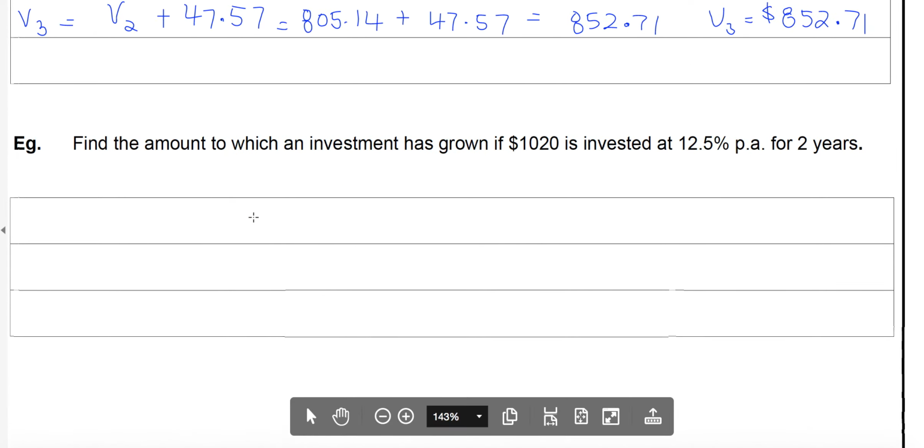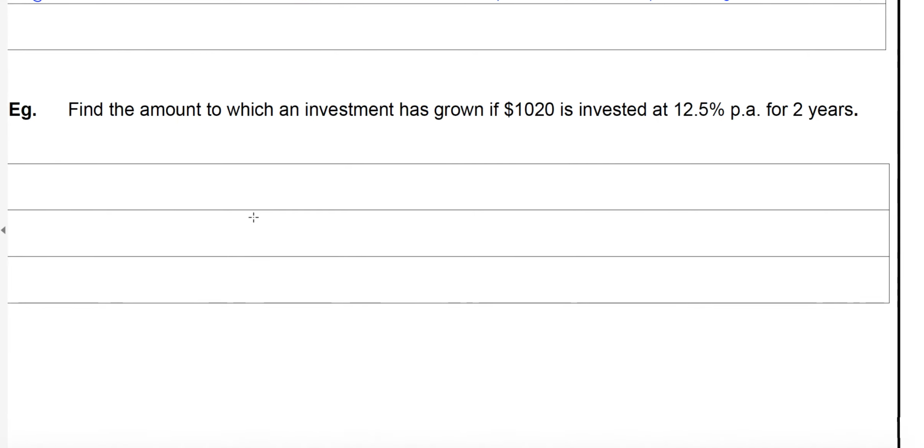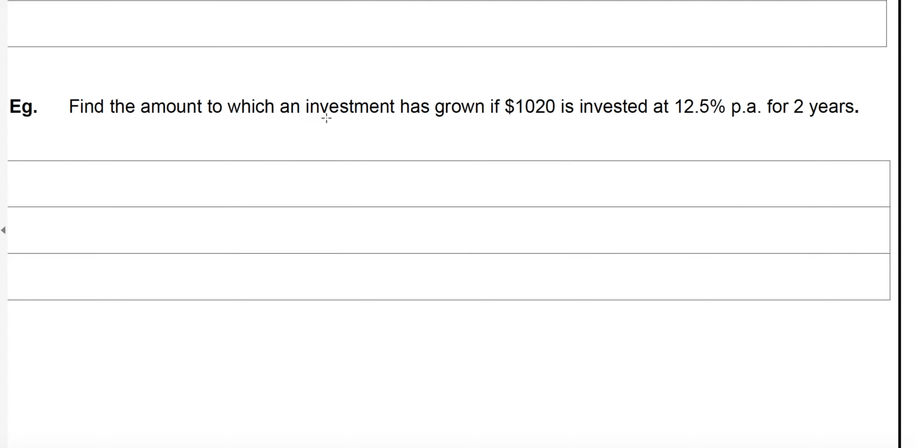Find the amount to which an investment has grown. So amount altogether that you have. To which means altogether how much have you got. The reason I underline that is if it said find the amount by which an investment has grown, that means something different to the amount to which.